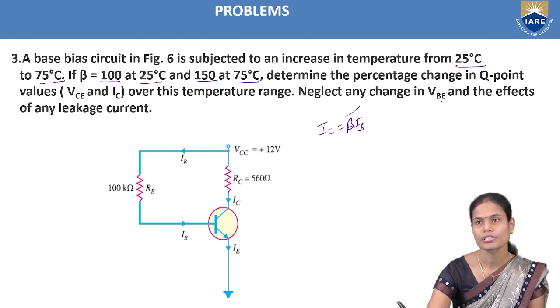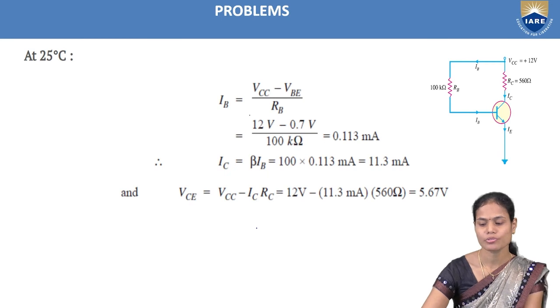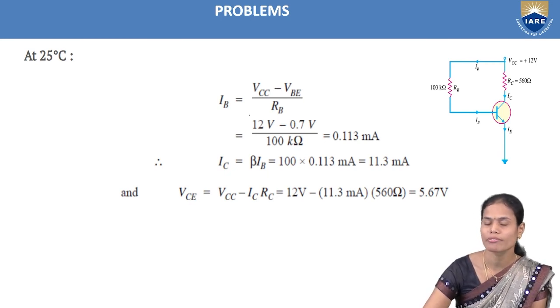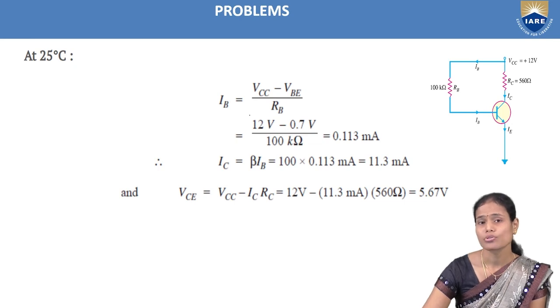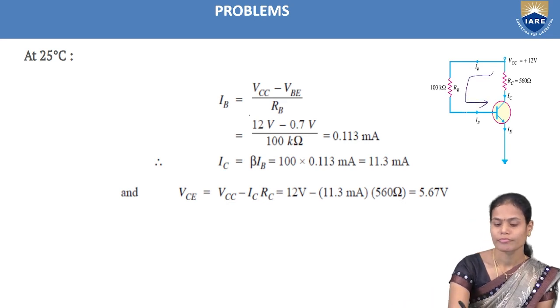Neglect any changes in VBE and the effects of any leakage currents. So here first we need to find the IB value. From that we can find the IC value. We need to find this IC value for both temperatures, at 25 degrees Celsius as well as at 75 degrees Celsius. So to find IB, I am applying KVL to the input side.